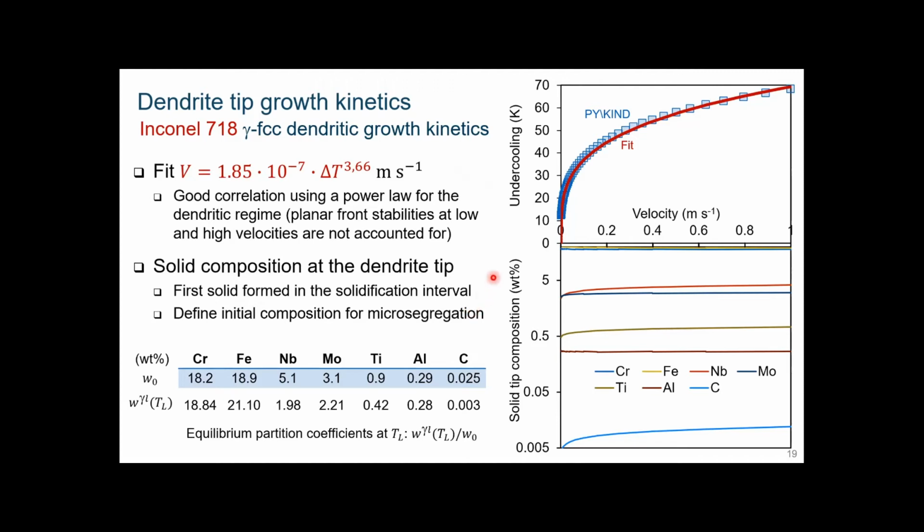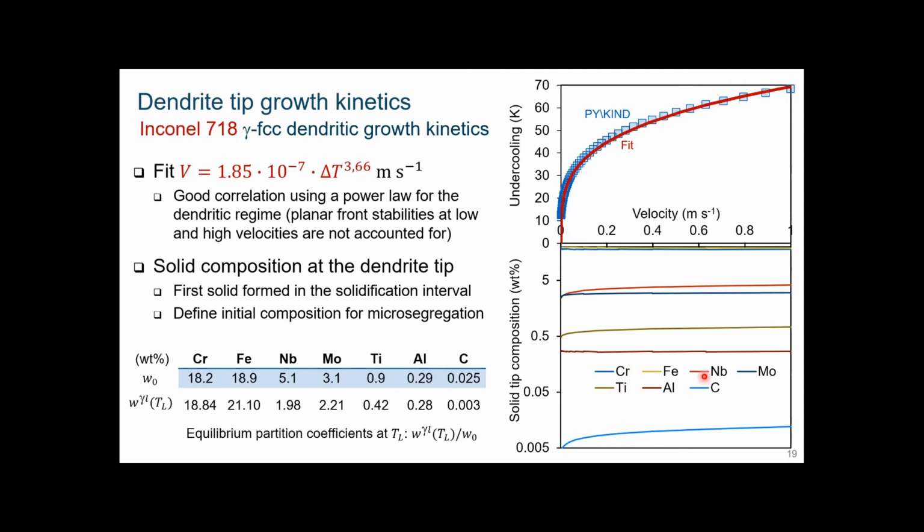Another thing you have is the solid tip composition that is computed. If you have no velocity, you are at the liquidus temperature, basically. At the liquidus temperature, the composition of each solute element is given by the segregation coefficient, or the partition coefficient at equilibrium.